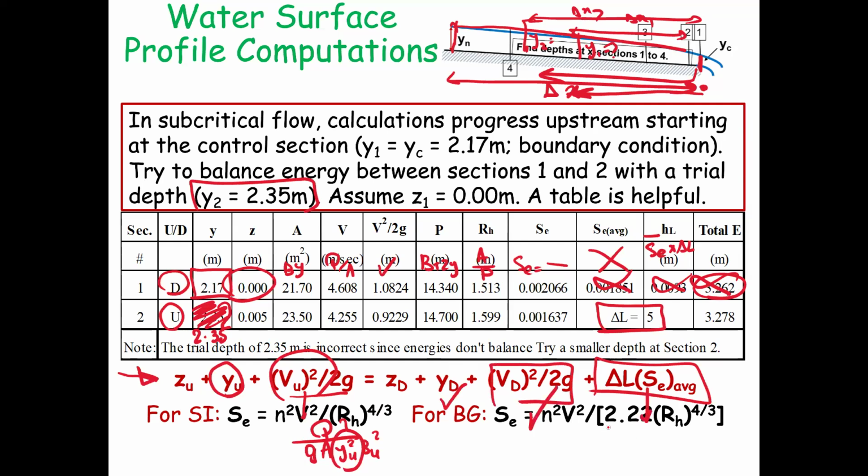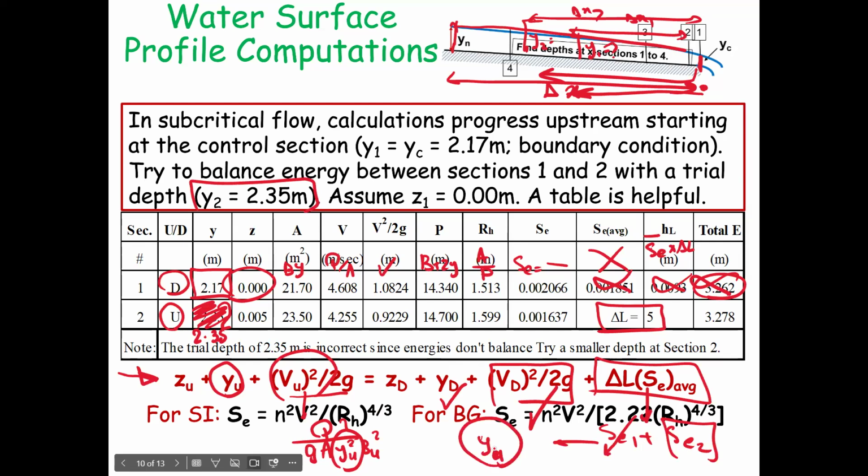This one, again, is based on SE1 plus SE2. You have SE1. For SE2, if you write the equation, you will end up having Y of upstream in this one. So you have a long equation with Y upstream inside it. Use your calculator and find the balance between these two, because you should end up with the same thing. E of upstream should be equal to E of downstream plus HL. That's the point of this question.